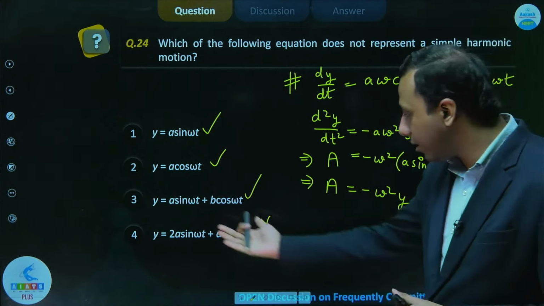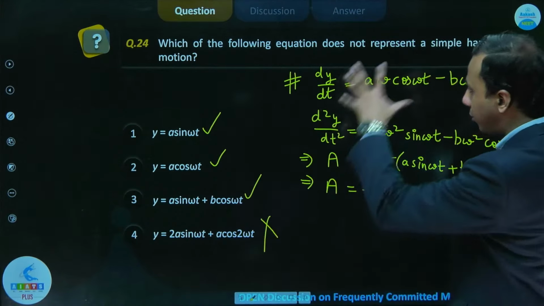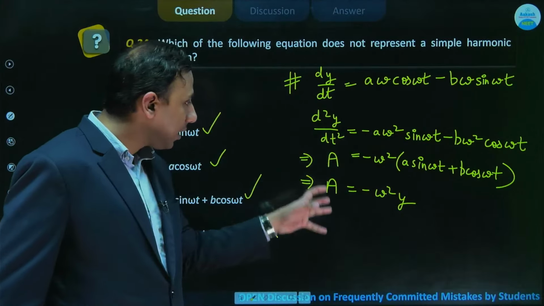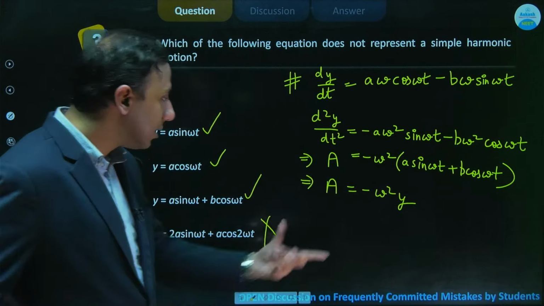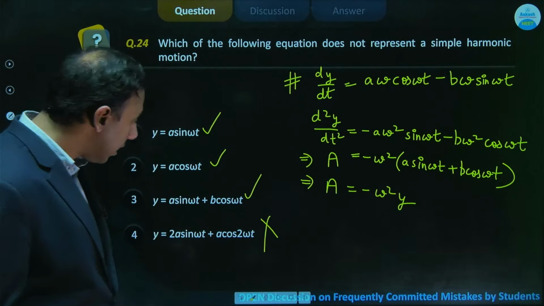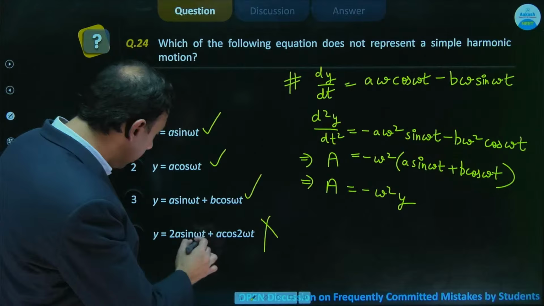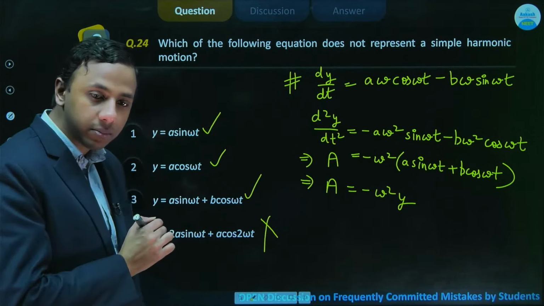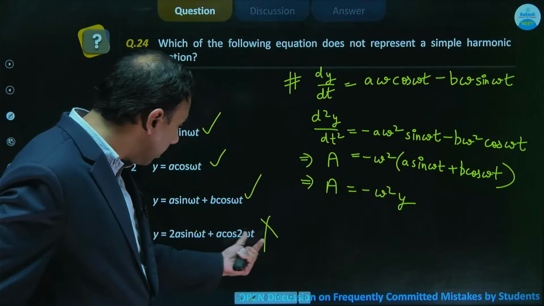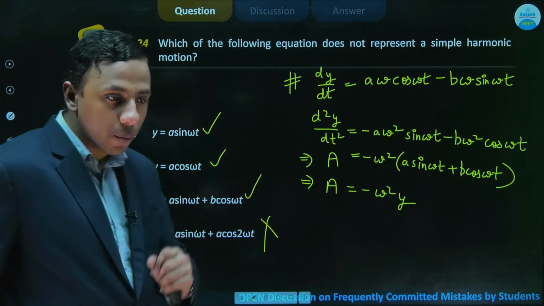Why so? Again, if you want, you can check using the same method, and you would see that this condition won't come for the fourth option. A nice way to remember is, see the first term, what is the angular frequency? Omega, right? And for the second term, the angular frequency is 2 omega.